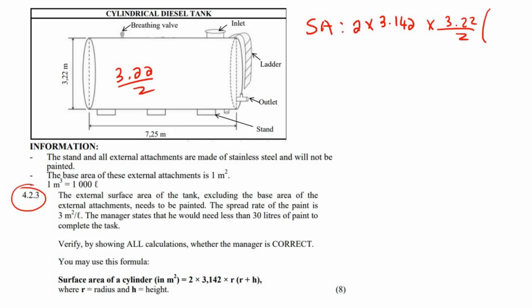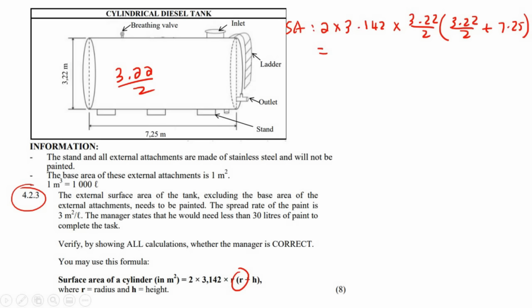And then in brackets, there's 3.22 divided by 2 again, because there's the radius again, plus the height. But in this case, they're actually talking about this length, which is then 7.25. I'm running out of space. And if you had to go work that out, okay, now that would give us 89.6387464. Now that would be measured in meters squared because it's a type of area.